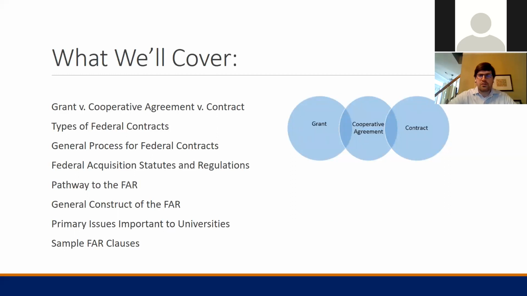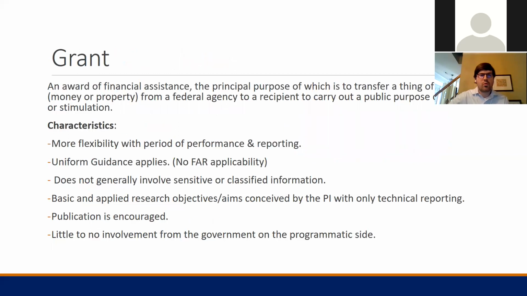I think a cooperative agreement is probably closer to a grant, but let's touch on what a grant looks like, and there's a basic definition that you all have probably discussed, and the primary thing to focus on there is the public purpose element. That's the principal reason behind putting a grant into place, and then the underlying characteristics really drive that underlying purpose and facilitate it.